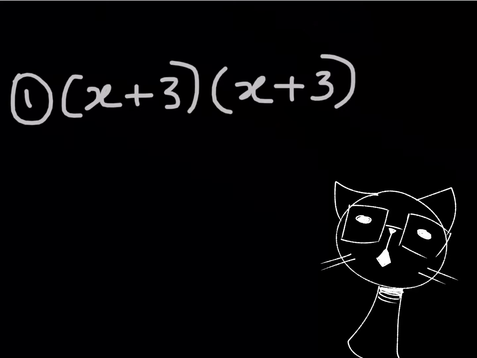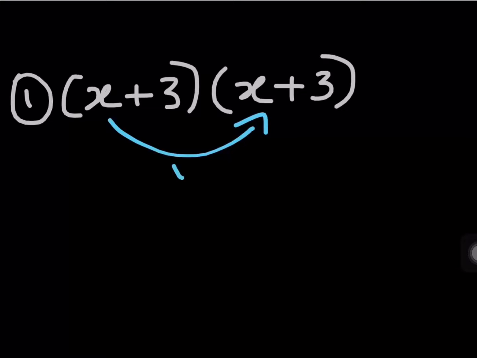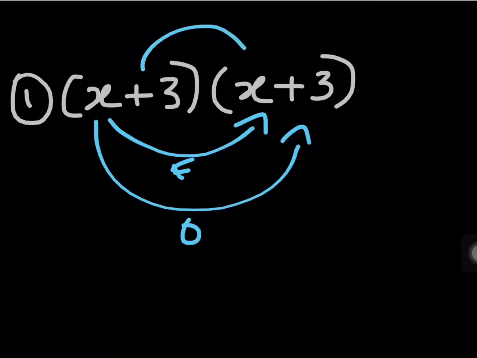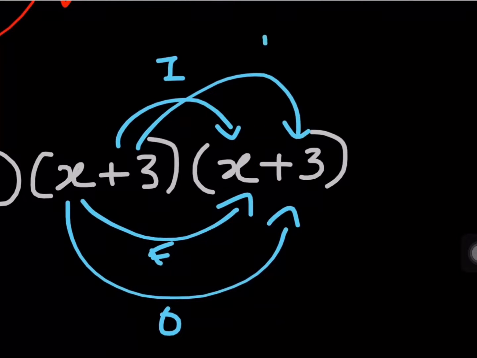So now that you know how they are made, why don't you try out this one? Please feel free to pause the video and try this out yourself. Okay, so I will just explain this. We'll use the FOIL method. So x is first, then we go to 3, which will be outside, 3 and x, which will be the inside, and 3 and 3, which will be the last.